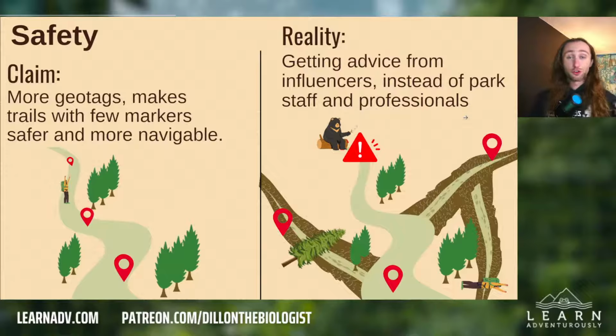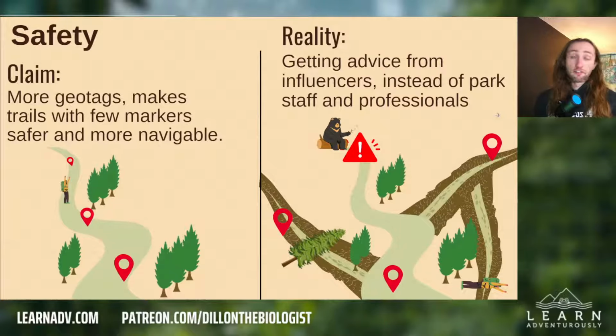Because if you do have an issue, say you pass out from a heat stroke or you injure yourself, which can happen even on regular trails, but more likely off-road on different trails, park staff professionals don't know where you're at. The people who are in charge of your safety and making sure that these trails are accessible and safe have no idea where you're at.